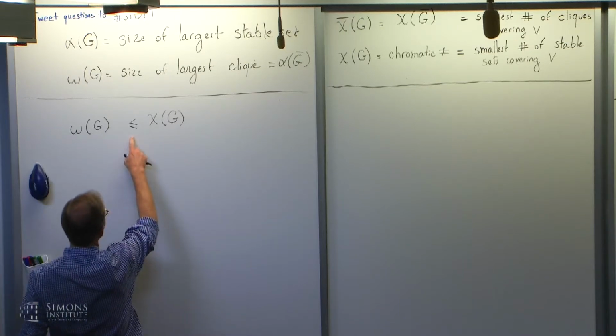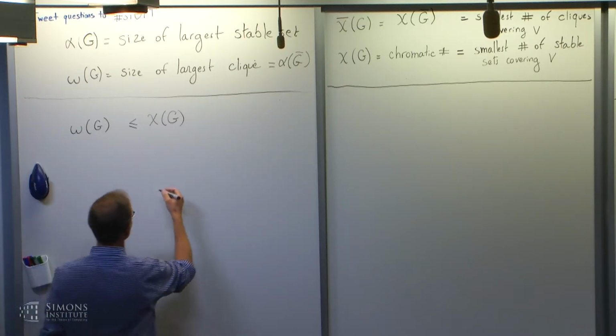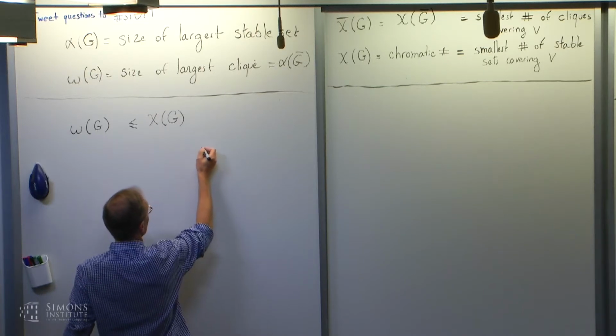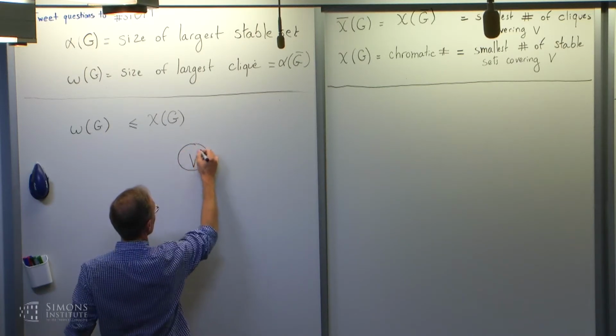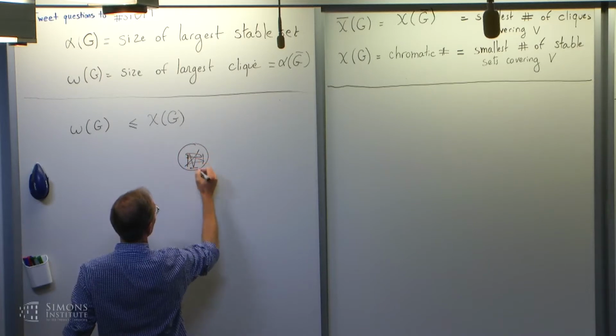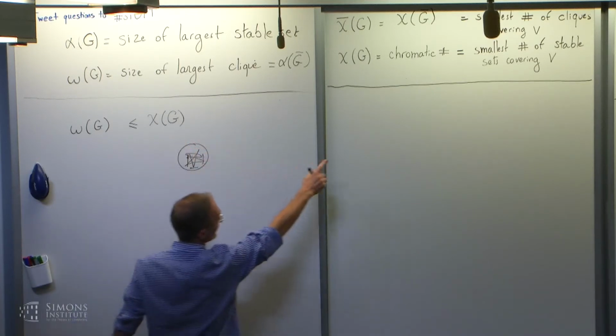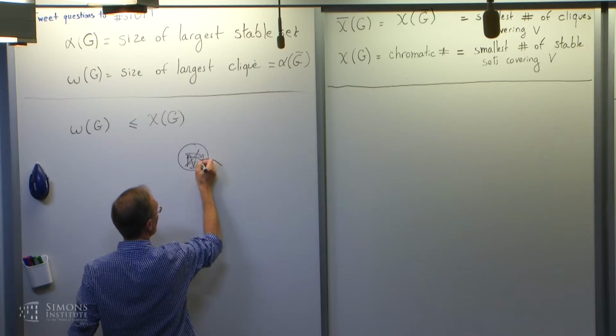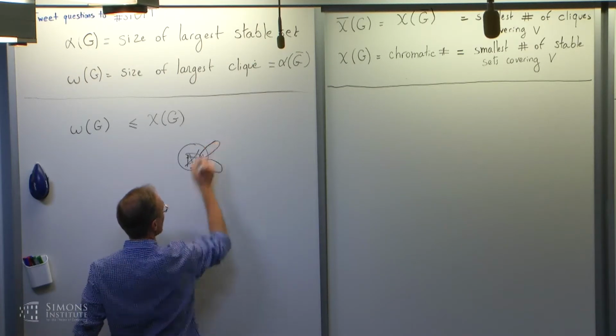And this is simply because if you look at the largest clique, then every stable set, so every color class in a coloring, can use at most one vertex of the clique.